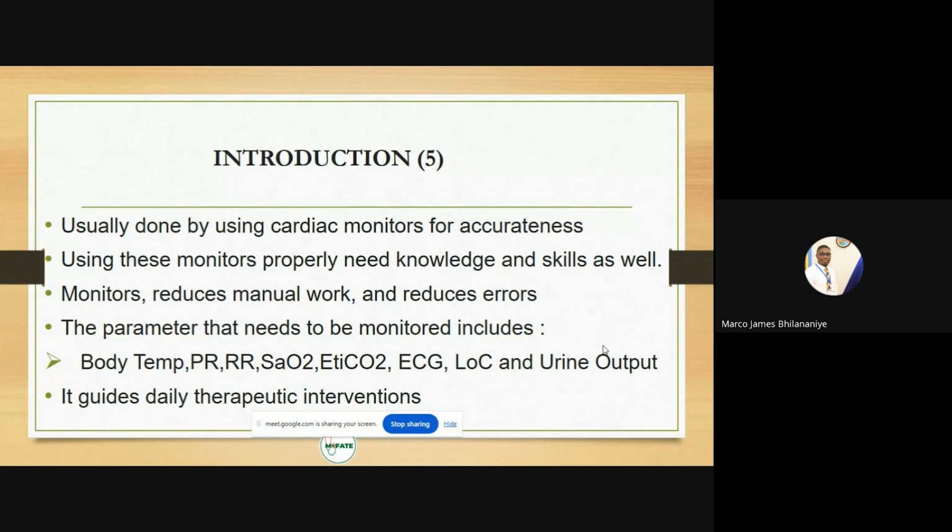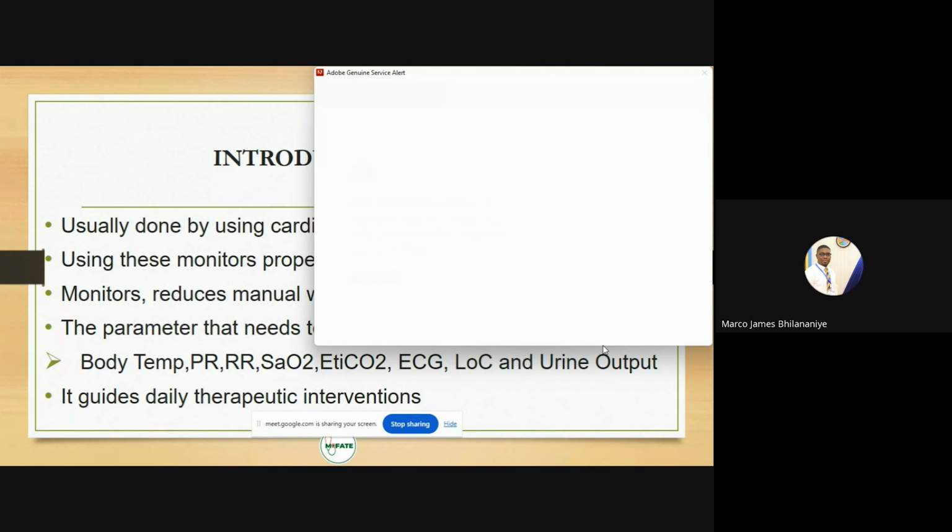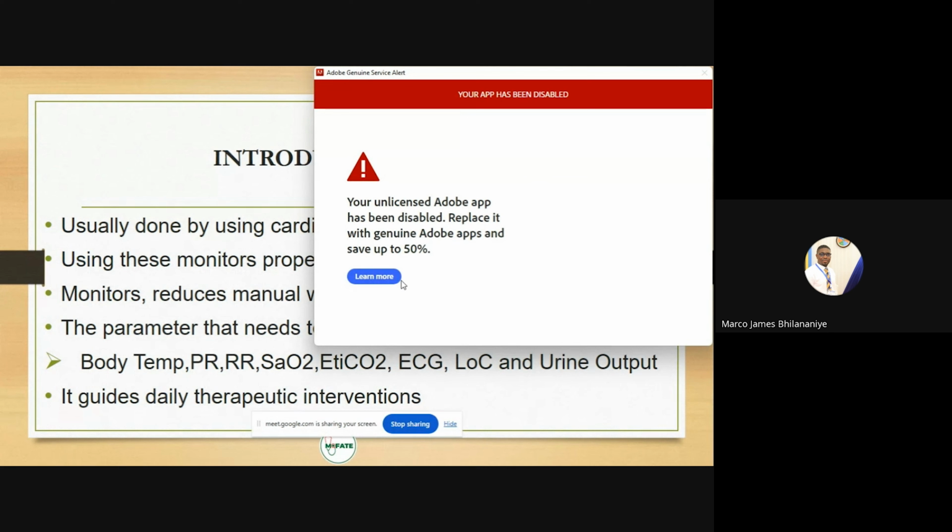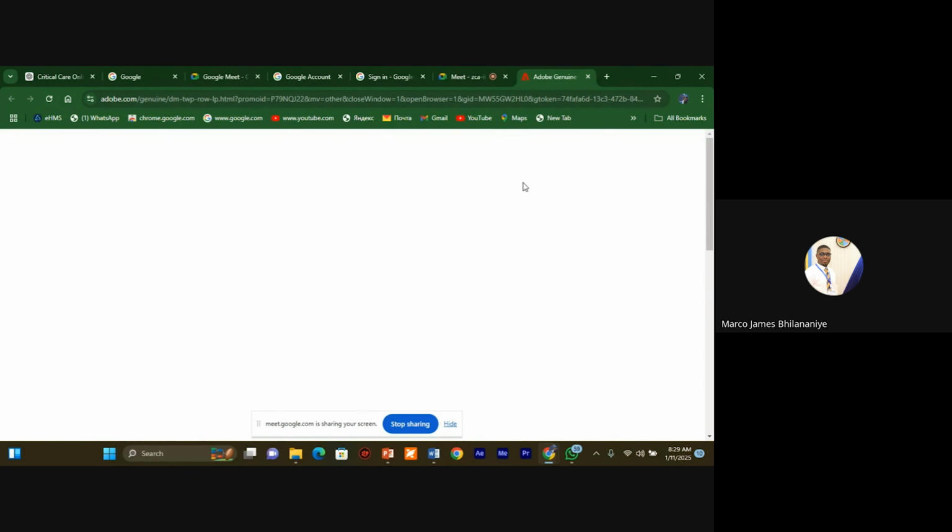The parameters usually monitored include body temperature, pulse rate, respiratory rate, oxygen saturation, end-tidal carbon dioxide, ECG, level of consciousness, as well as urine output. Wherever you monitor correctly, it guides the therapeutic intervention you are doing to the patient.